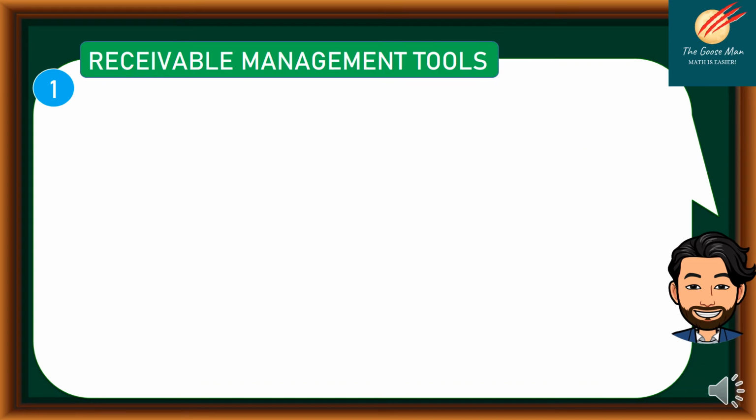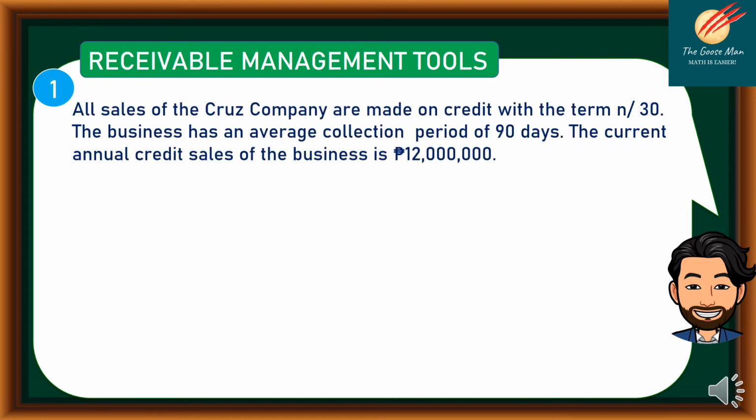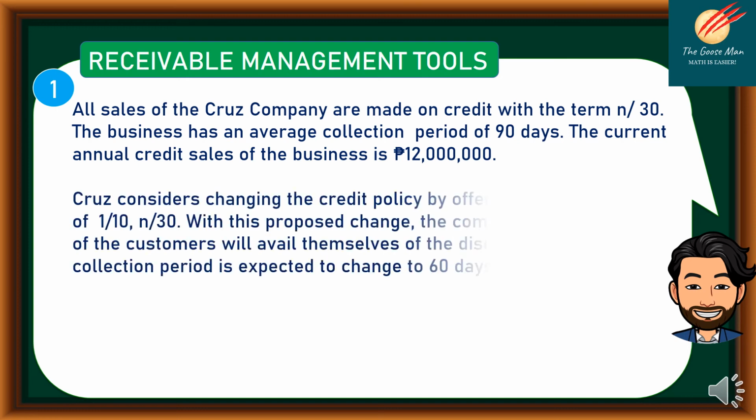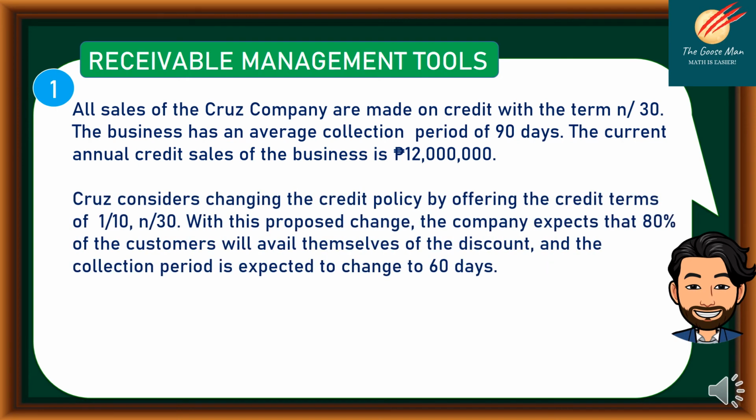To demonstrate the marginal analysis on the credit policy, let's consider problem number one. All sales of the Cruz company are made on credit with the term n/30. The business has an average collection period of 90 days. The current annual credit sales of the business is 12 million. Cruz considered changing the credit policy by offering the credit terms of 1/10, n/30.